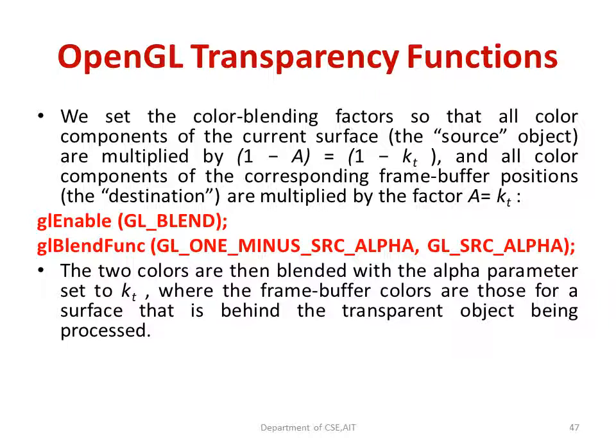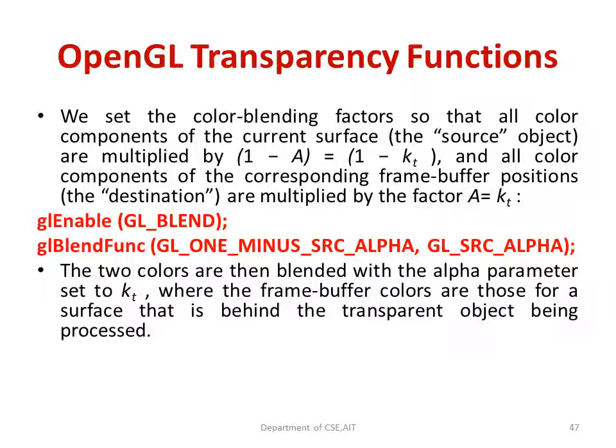So we have a source and we have the object in my scene here, and what should go to the frame buffer? We know that the frame buffer stores whatever is to be displayed, just before displaying. So in the frame buffer, when you give the value here multiplied by this alpha value, you are going to get an output where the color effect makes it look like a transparent object.